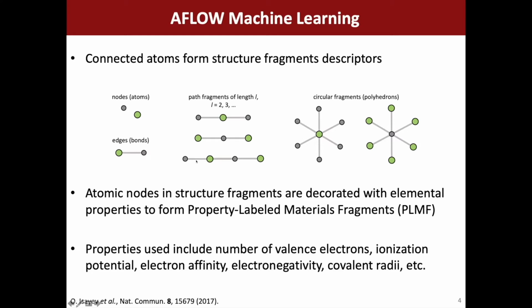For example, if this is sodium chloride, we decorate one point with sodium and this one with chlorine, or vice versa. You take properties like the number of valence electrons, the ionization potential, electronegativity, and so on. These are fundamental properties of elements that determine their chemical behavior.